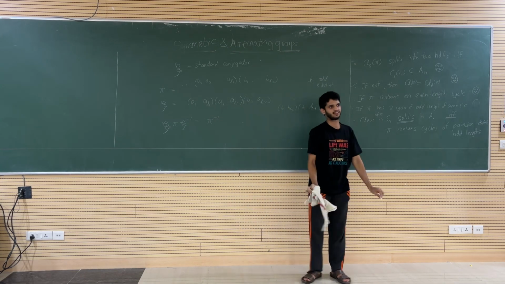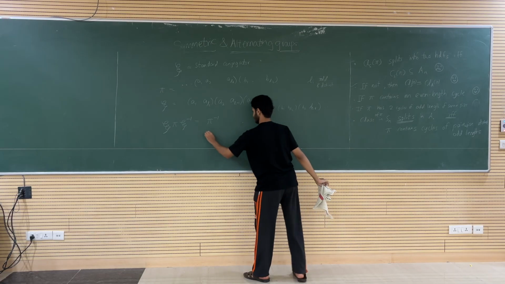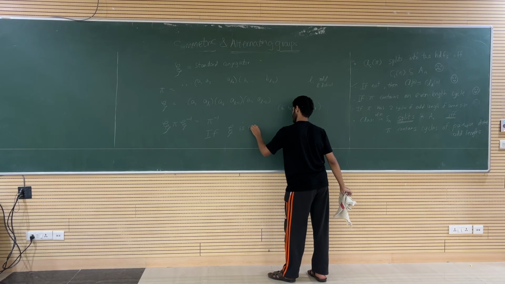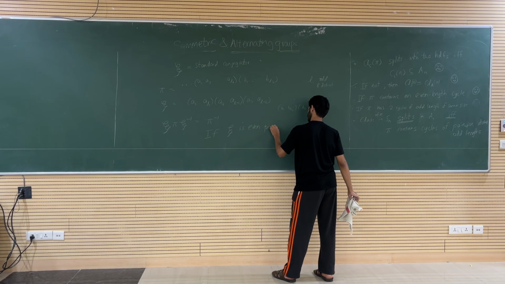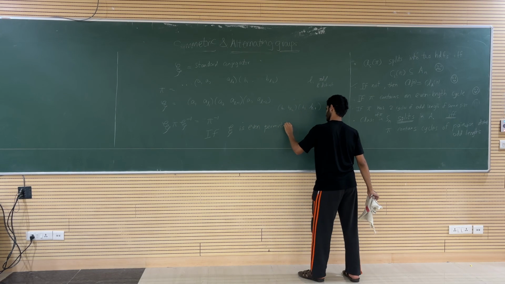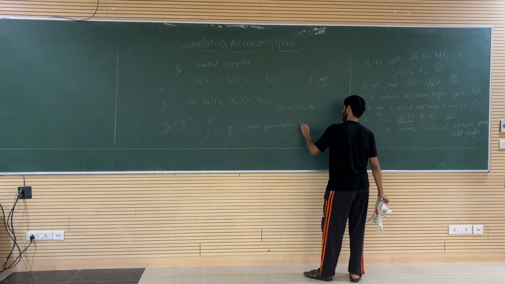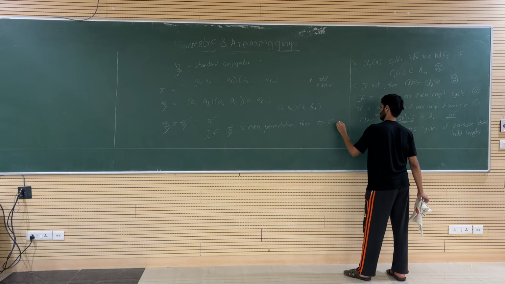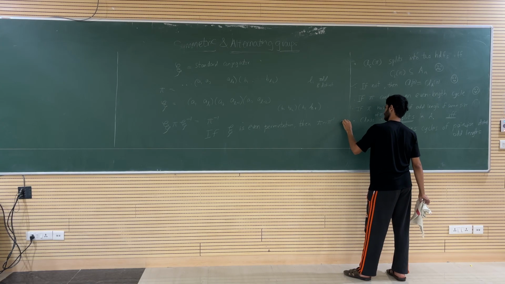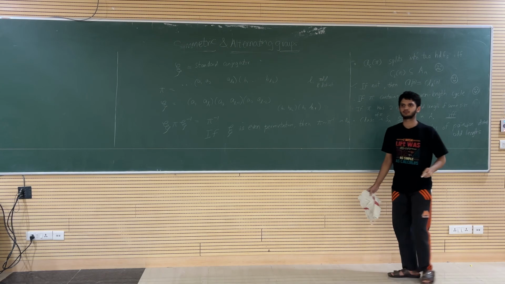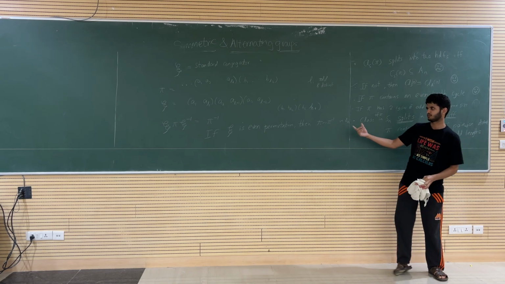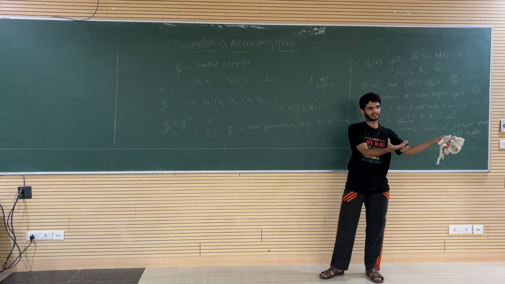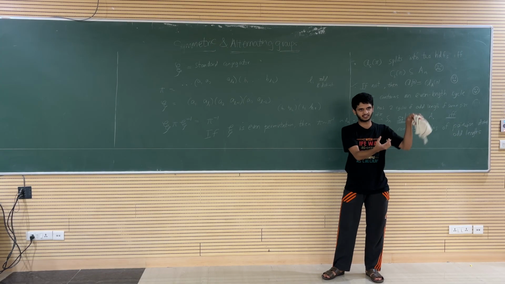Nice idea, right? Now what I claim is, if xi is an even permutation, then pi and pi inverse are conjugates in A. This should be obvious. If it is even, then xi is in An, so I can conjugate pi with xi because it's an even permutation.